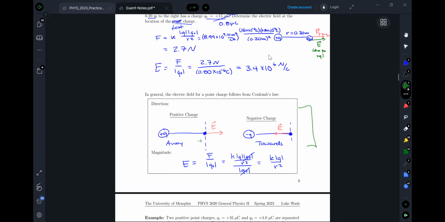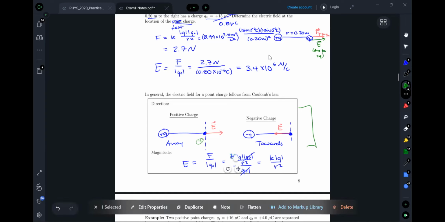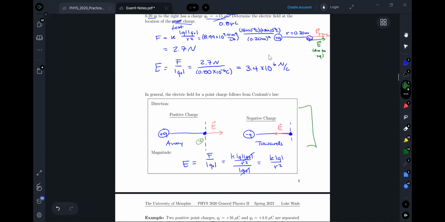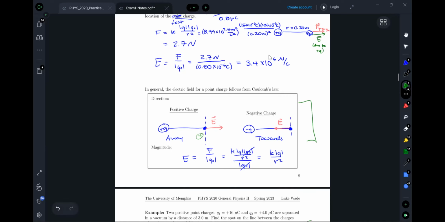Also, it is the case that this charge will exert a force on the other one so that it is repelled if that charge is positive, or attracted if this charge is negative. And that's because of this charge's own electric field. But we usually try and keep things simple and just say there's one really large charge, a lot of mass to it compared to one smaller one. So the only one that really moves too much is the smaller one.